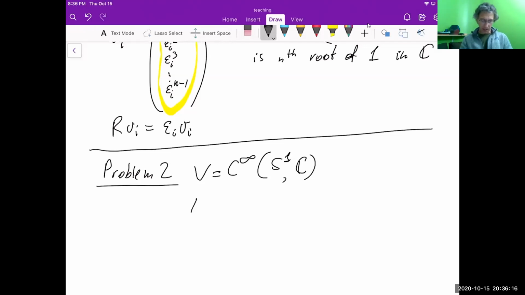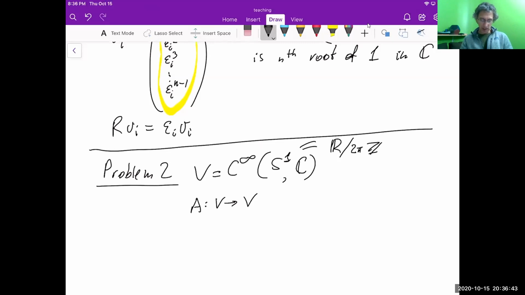My operator A from V to V, so I think of S1 as being R mod, say, 2 pi Z. So I think of S1 as real numbers modulo 2 pi Z. So you think of an angle parameterized by an angle.